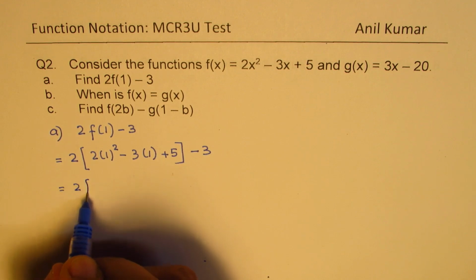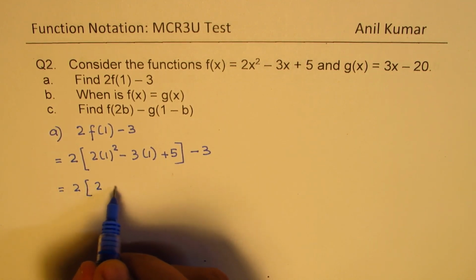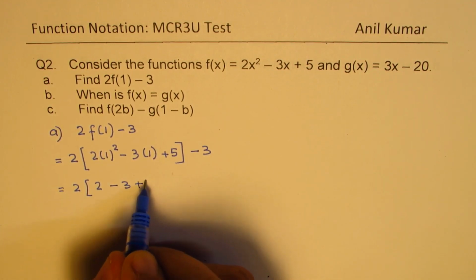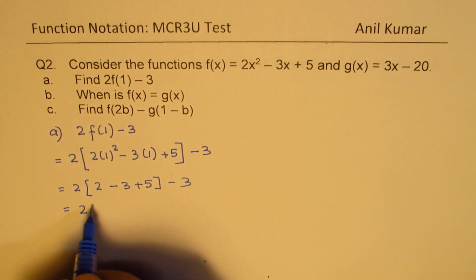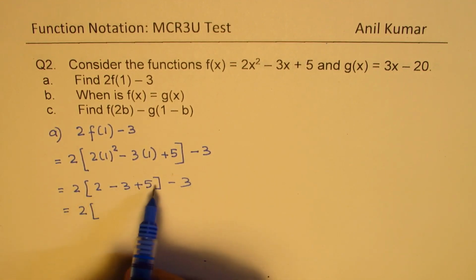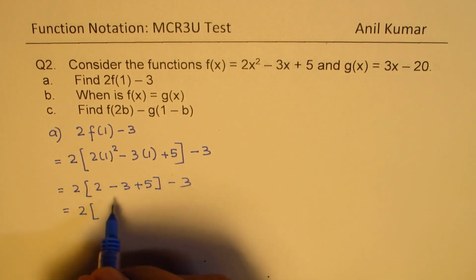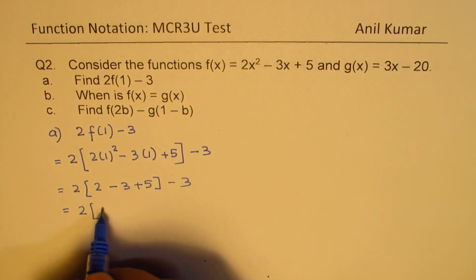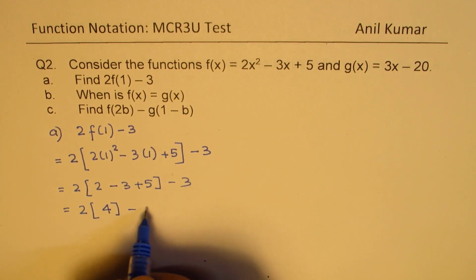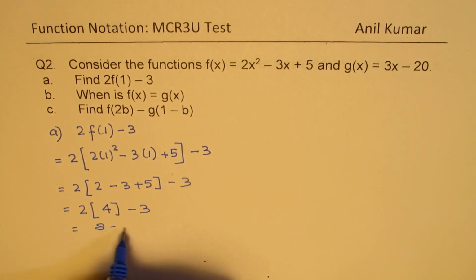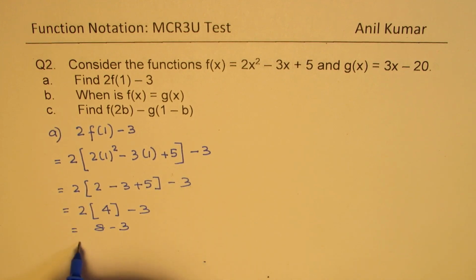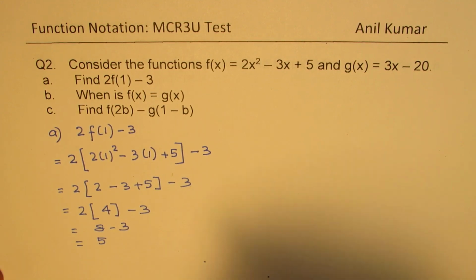So we get 2 times 1 square is 1, so we get 2 minus 3 plus 5 minus 3, and that gives you 2 times 5 plus 2, 7, minus 3 is 7 minus 3 is 4, minus 3, so 8 minus 3 is equal to 5, right? So we get this value as equal to 5, correct? So that is how we are going to get part A.